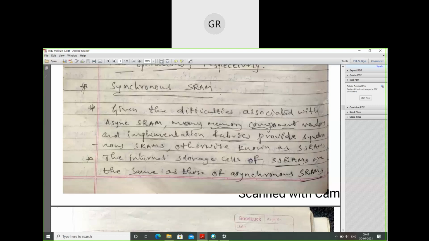The internal storage cell of SRAM or SSRAM is the same as that of the asynchronous SRAM. Internal storage cell. The asynchronous SRAM consists of that cell, right? The storage cells of the SSRAM are the same as those of the asynchronous SRAM.